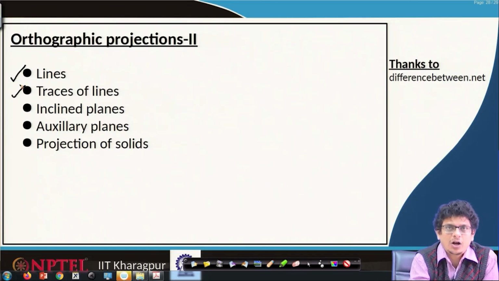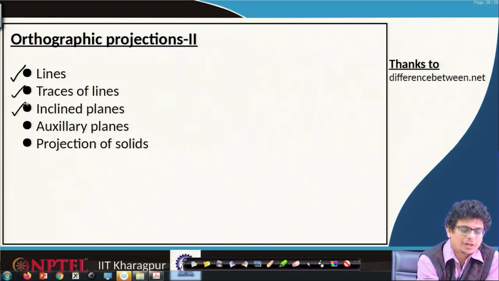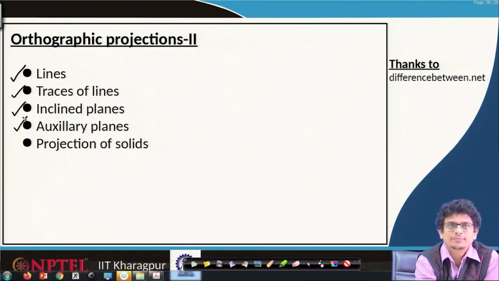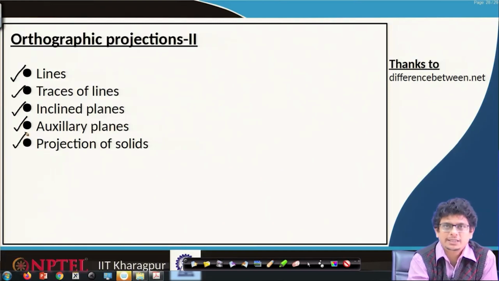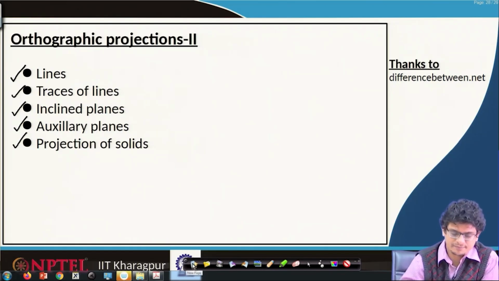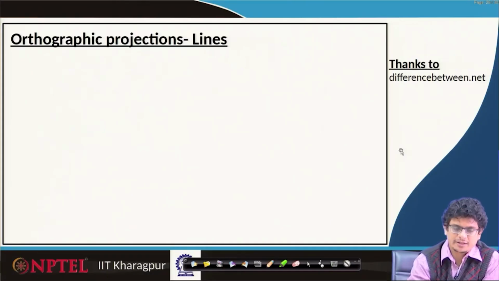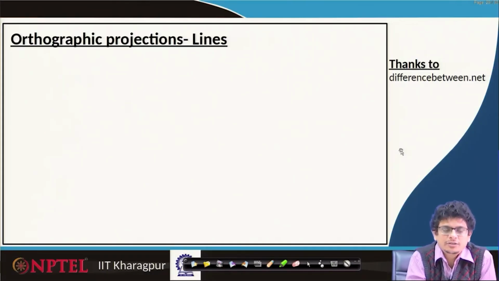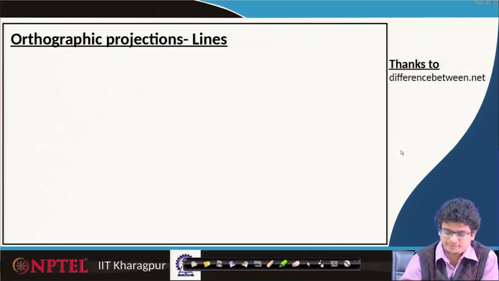If it is on inclined planes, what will happen, what are auxiliary planes, how to project a solid onto different kinds of planes. These are the things we are going to learn. In today's lecture, we will mainly cover line projections.